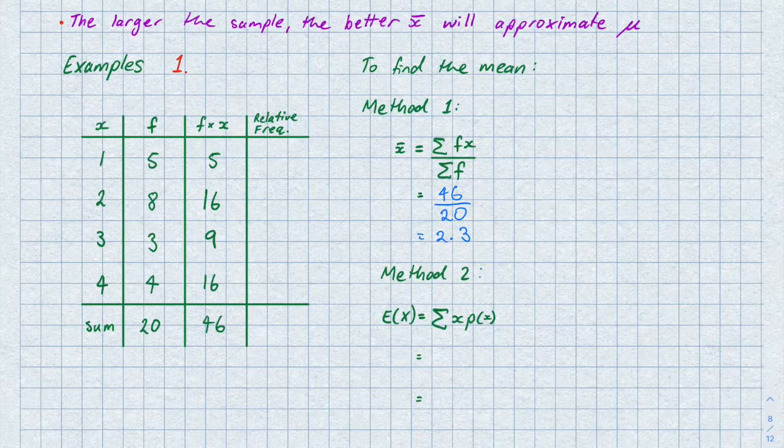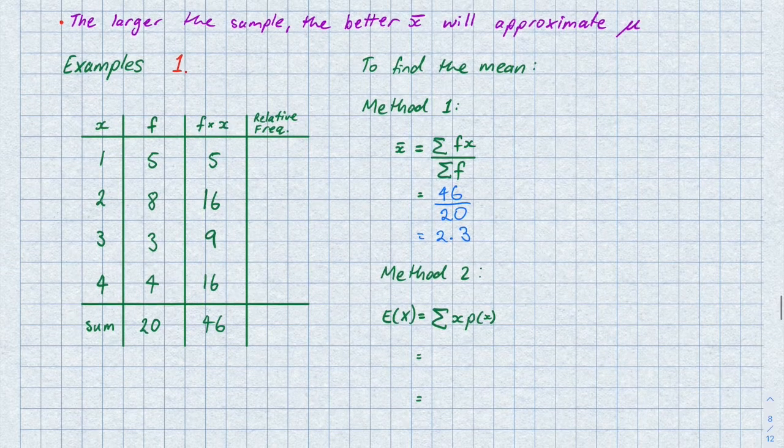Now, in our new method, we eliminate the need for the fx column, and if we've just got a standard probability distribution, we can find the mean straight away. In order to do this, we need to find the probability of each score. So we're looking at the relative frequency column, and we know that 1 occurred 5 times out of 20.